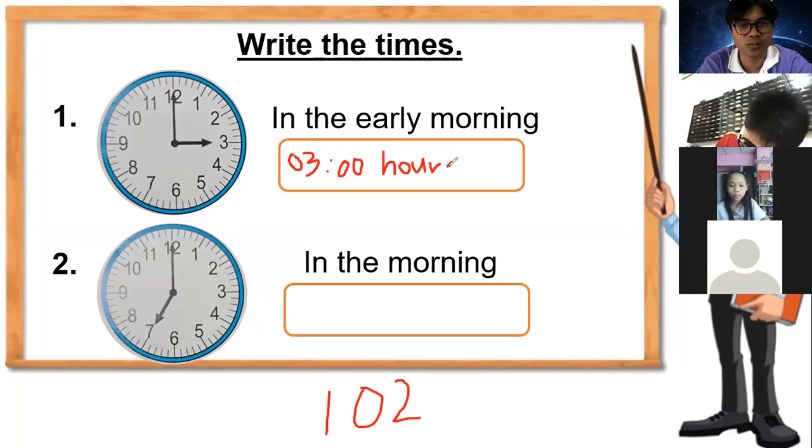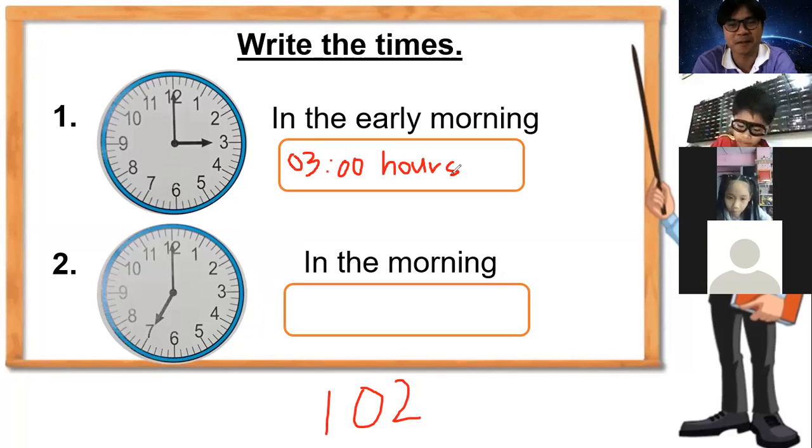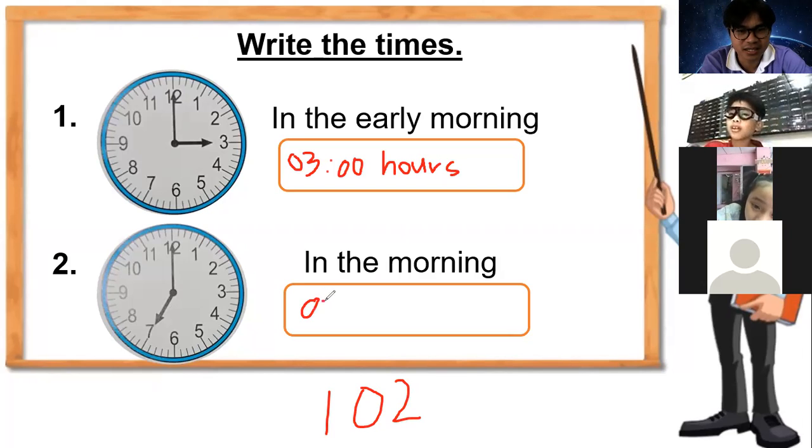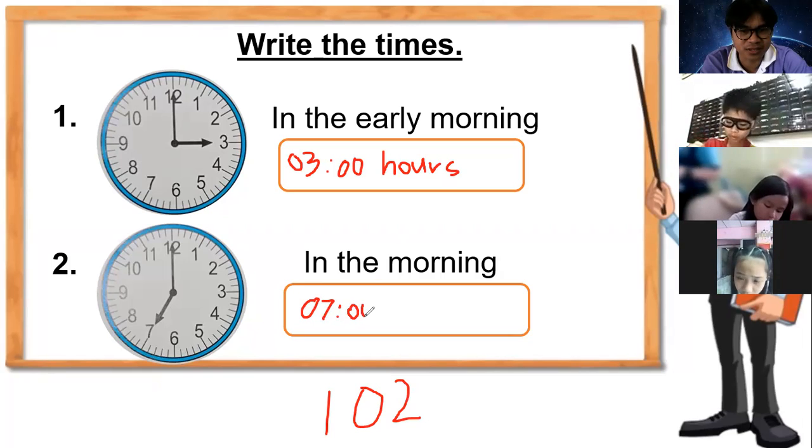300 hours. Number 2, what is this? In the morning. What time is it in the morning? Yes, that's correct. 7, yes, 700 hours.